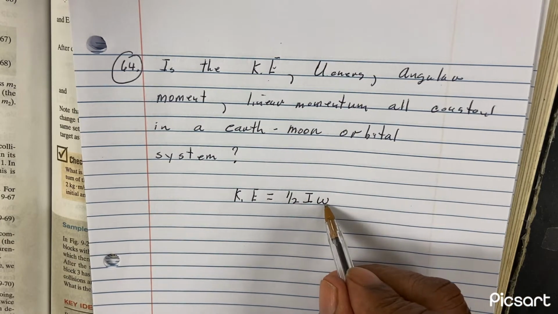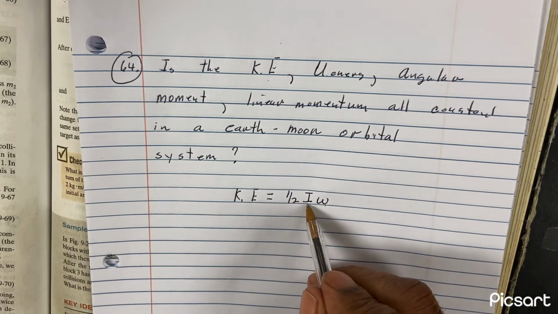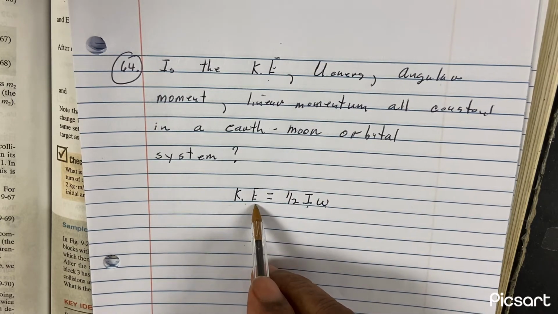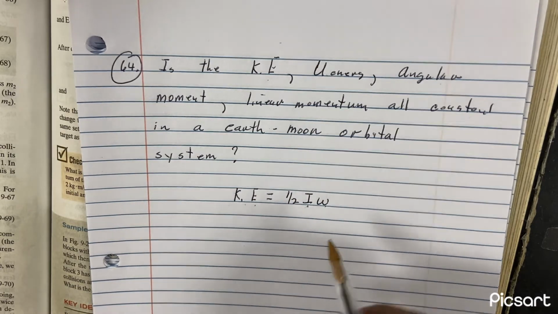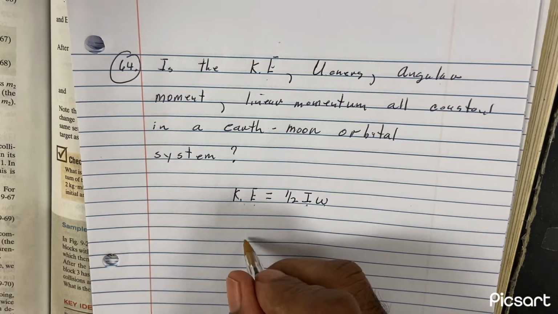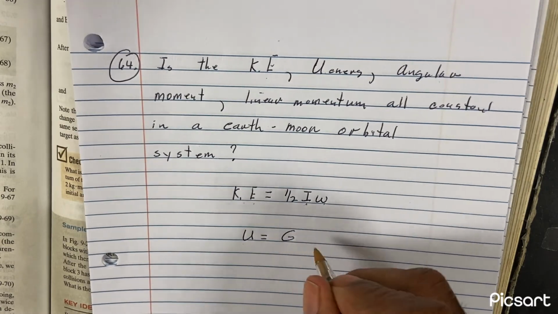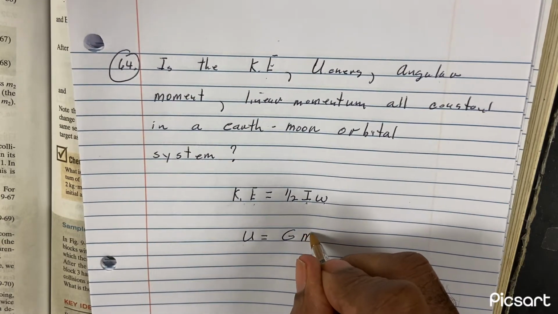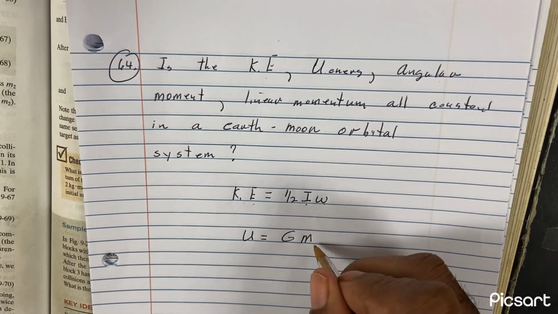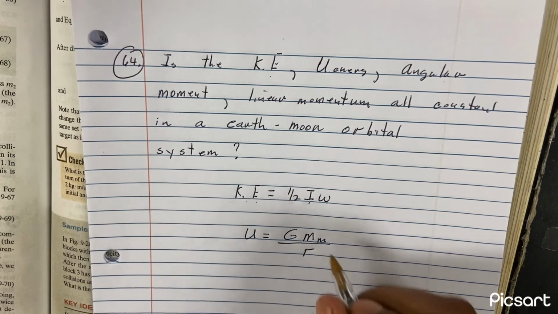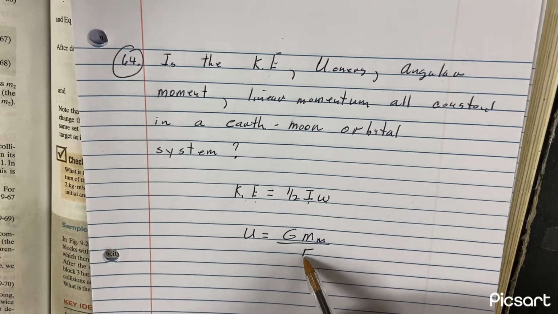You know, omega is constant. I is constant. So you conclude that the kinetic energy is constant. And also the potential energy would be expressed as G M, mass of the Earth, just over R. We'd assume that R doesn't vary very much.